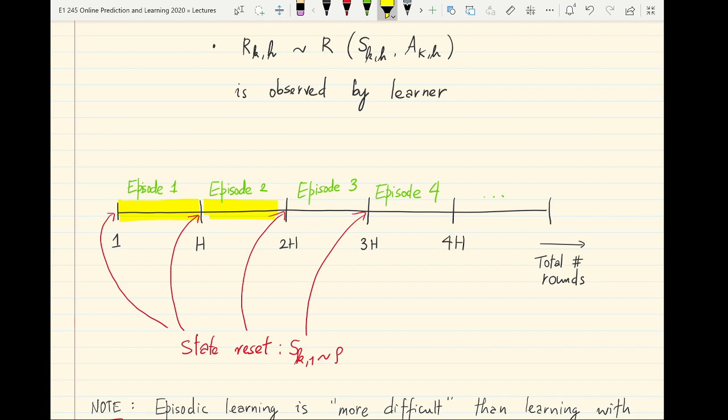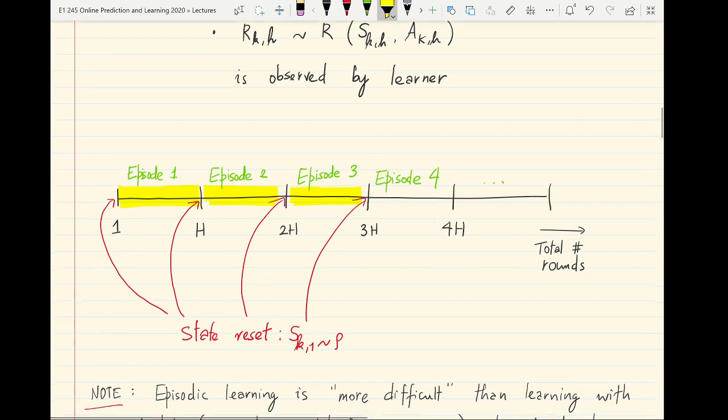Then the state resets itself. Then the third episode begins, within which the learner is allowed to play or experiment with different actions or change its policy from the past in any causal way possible, depending on the past. Okay, so the state resets occur once every H, capital H, time steps.